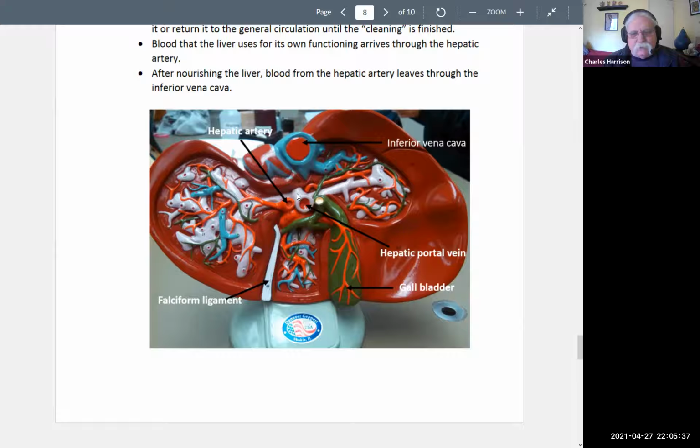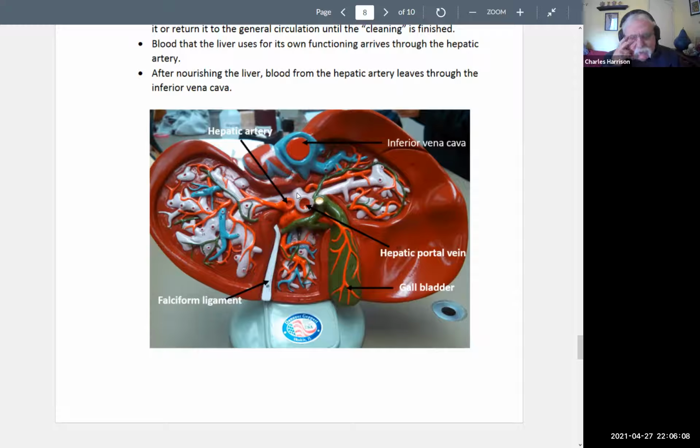The absorbed digested material is taken up by the small intestine and transferred to the hepatic portal vein, not into the general circulation, but instead to the hepatic portal vein, the vein that is transporting the digested, absorbed food to the liver.